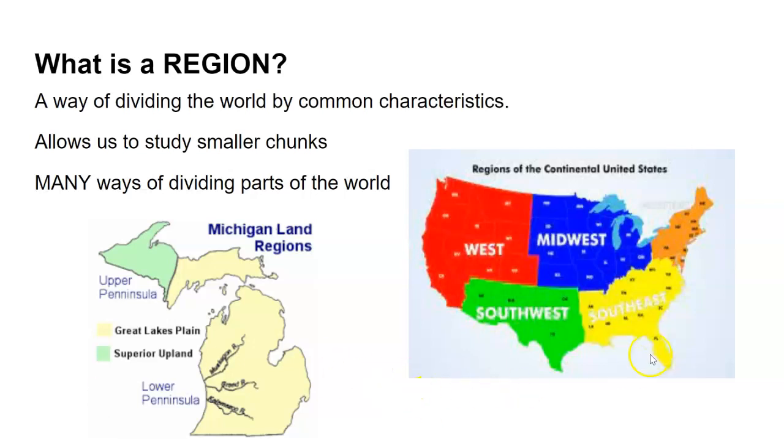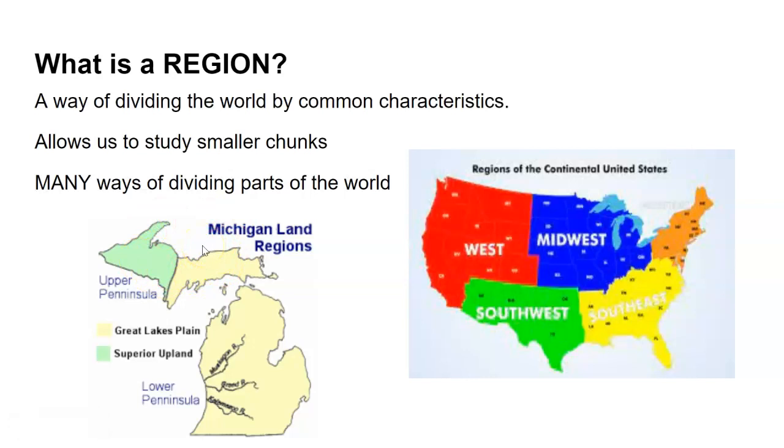We've got these common characteristics and it's just many ways of doing so. One example would be dividing the United States into the different regions. You studied this, I think, in 4th grade. So the Midwest, for example, has some cultural things in common, some of the words that we use, the speech patterns that we have, the climate. In Michigan, the Upper Peninsula could be considered a region of Michigan.